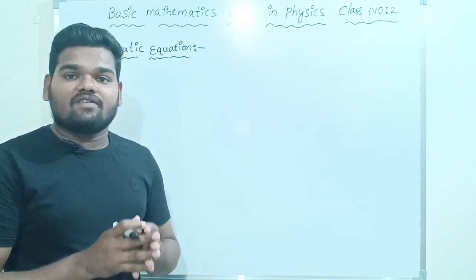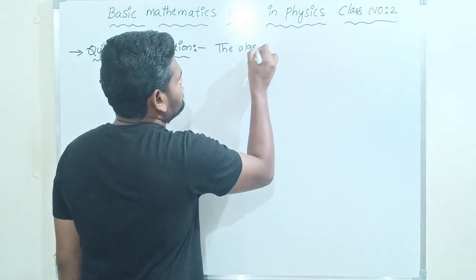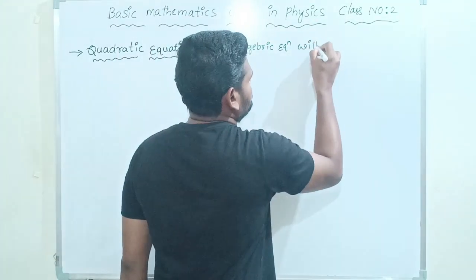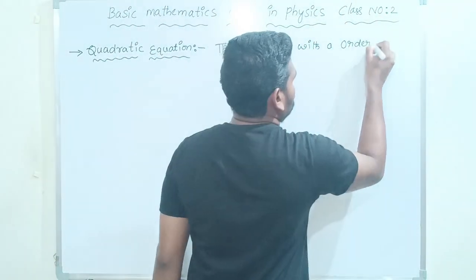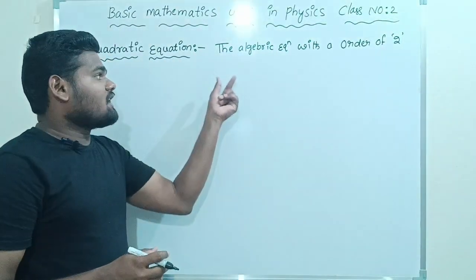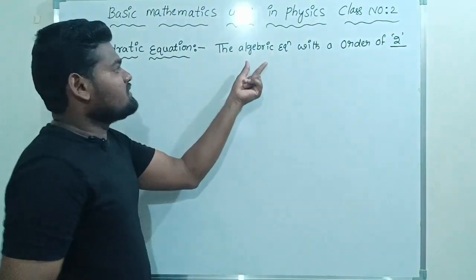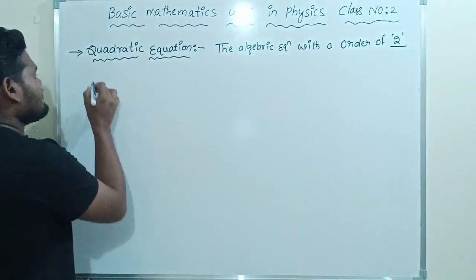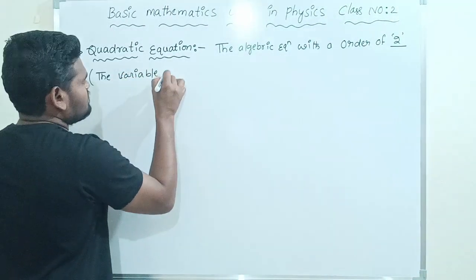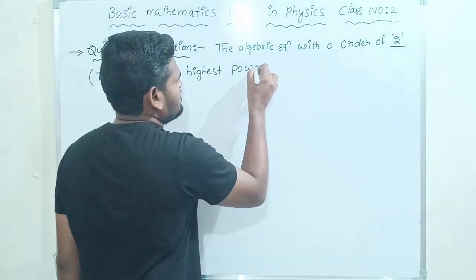So the general definition of a quadratic equation is given by the algebraic equation with an order of 2. What is the quadratic equation definition? The algebraic equation with an order of 2. The order of the algebraic equation is how much? 2. Or simply we can say that the variable of highest power 2.